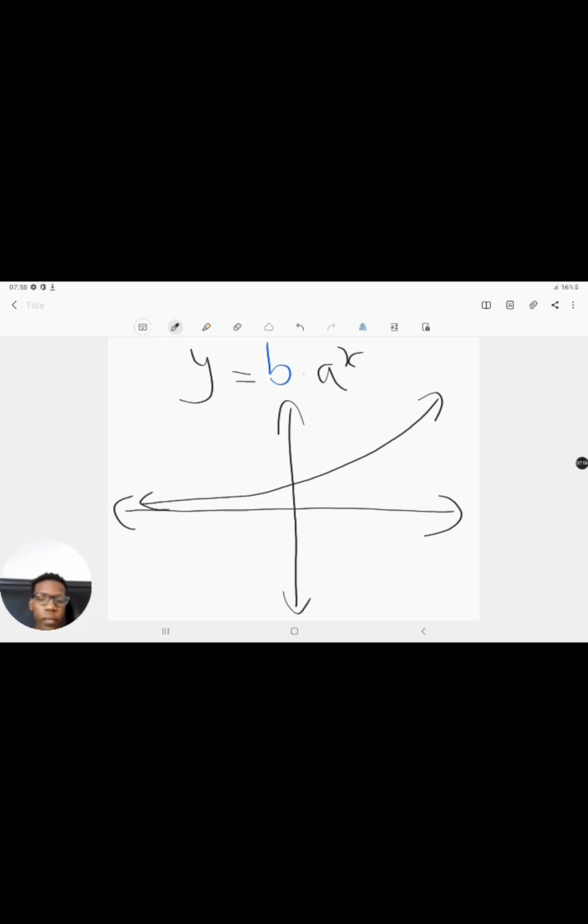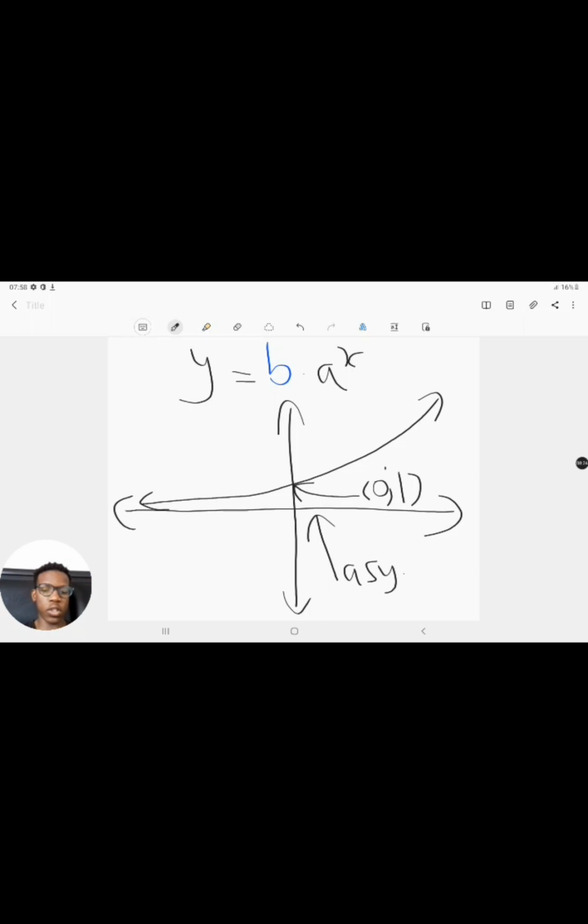Now remember, the original graph has (0, 1) there. That's the y-intercept. And it has the asymptote here. I'm going to write ASY for asymptote.